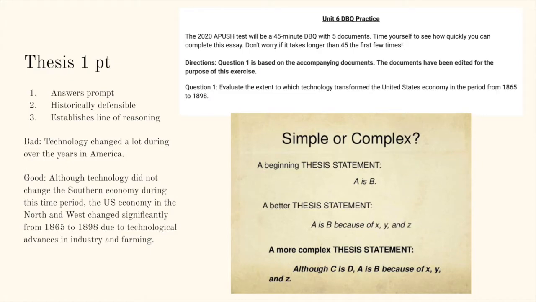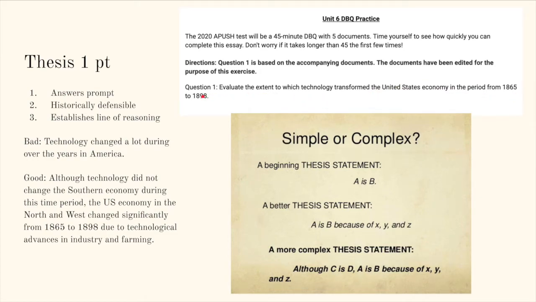Now, I'm going to use your Unit 6 DBQ as an example for this idea. The question is evaluate the extent to which technology transformed the United States economy in the period of 1865 to 1898. Now you will notice that prompt is about Unit 6. They even give you the exact Unit 6 dates.